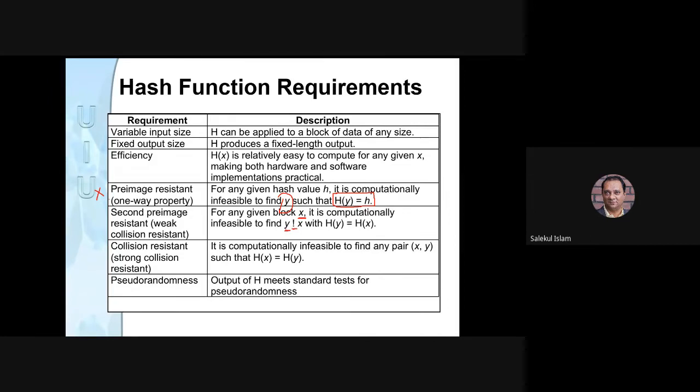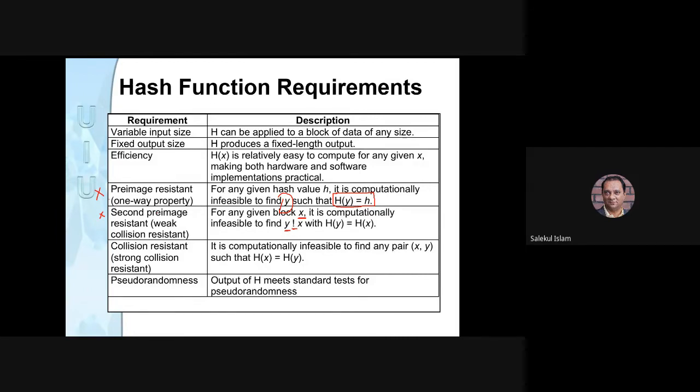So y is not equal to x, but h(y) is equal to h(x), that means hash of x is equal to hash of y. If the attacker is successful in finding that, we conclude that this requirement has been violated. This is not a good hash function, because it is not second pre-image resistant.